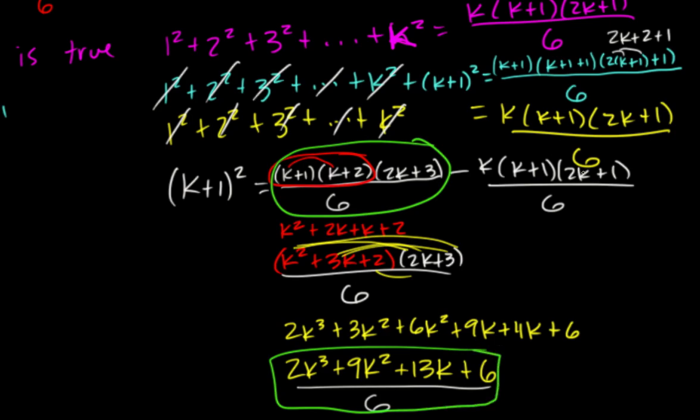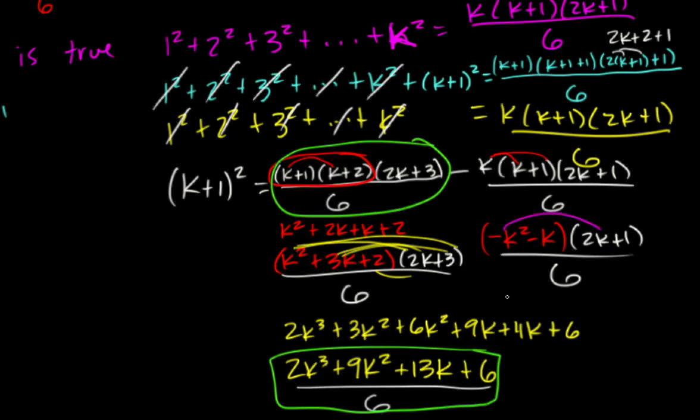Now I'm going to do the same thing over here. So I'm going to distribute a negative k to both of those. So I get negative k squared, negative k, times (2k plus 1) over 6.